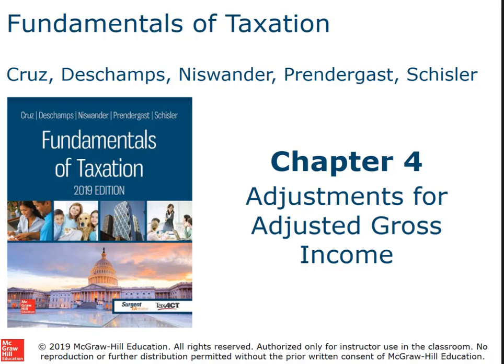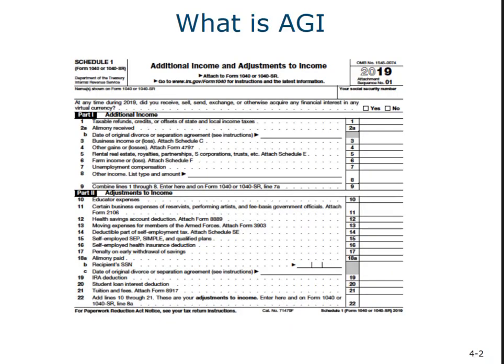We're going to talk about Adjusted Gross Income, AGI for short, this chapter, and understand a little bit more about how it is calculated. So we'll get right into our discussion using these PowerPoint slides. The definition of AGI is really a subtotal on our way to taxable income.